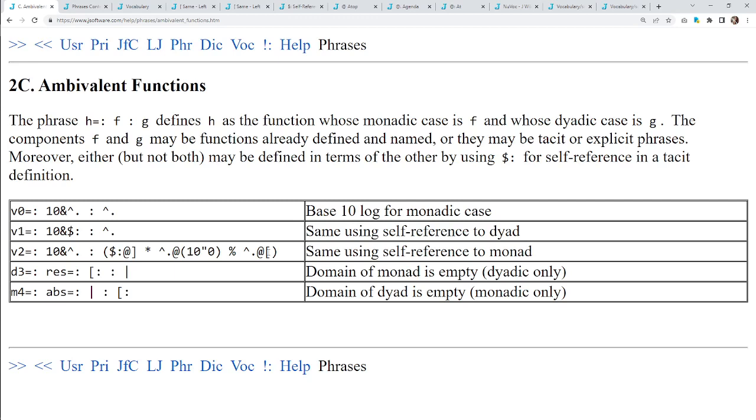And the identity is going to be, I think, the argument. But I'm not sure. But I think this will be the identity of the argument. So, no, I don't know. All right, so we have a divide. That's divide. And we have self-reference atop of the identity.